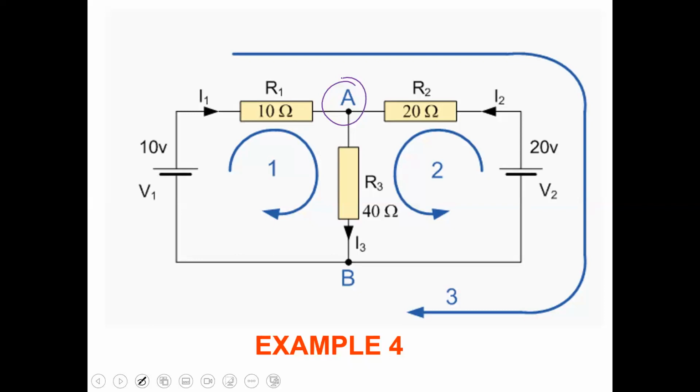A junction is where total current entering is equal to total current leaving. Look at this current, and look at this current.